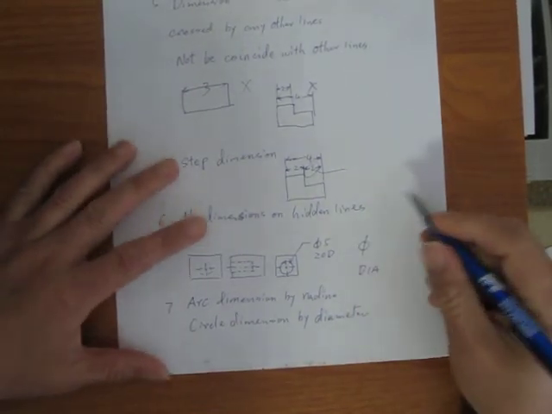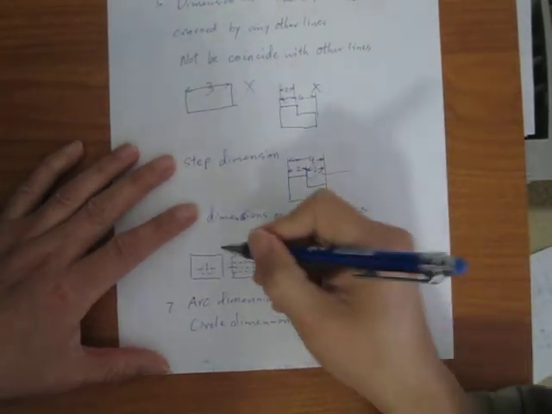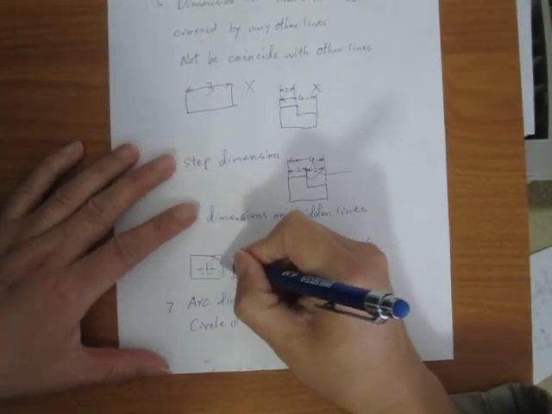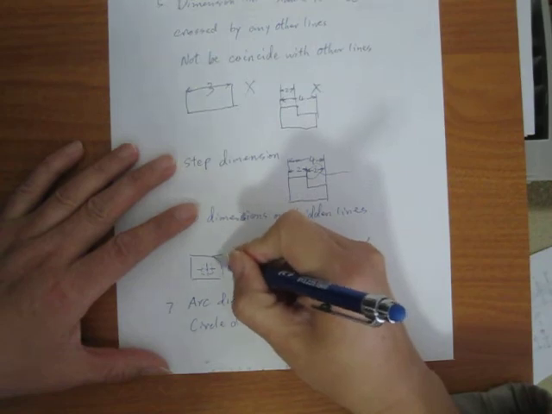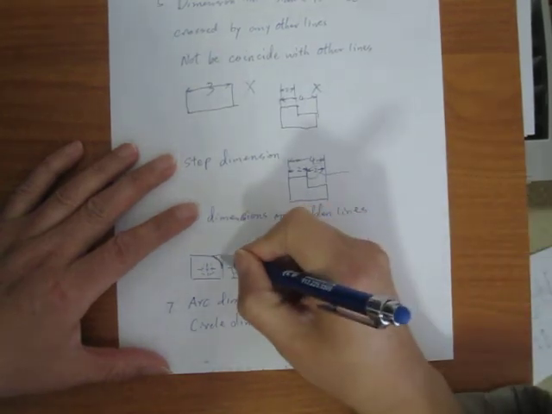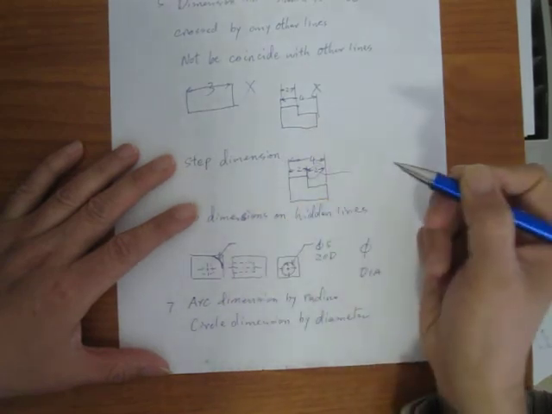Okay. Now, if it's partial, let's say this corner is cut off here, and that becomes an arc. This arc, we dimension by radius.